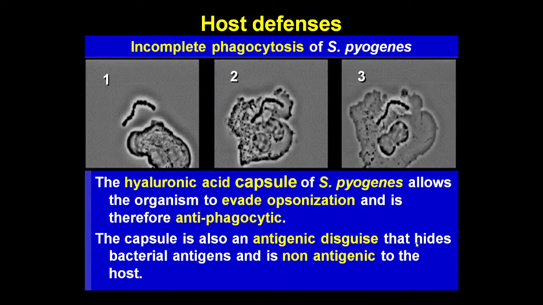We mentioned that the hyaluronic capsule of Streptococcus pyogenes may allow the organism to evade opsonization, because antibodies are not produced against the capsule. When it is engulfed by macrophages, see, nothing happens to the streptococci. This is the stage of incomplete phagocytosis, where bacteria are not digested due to the antiphagocytic capsule.